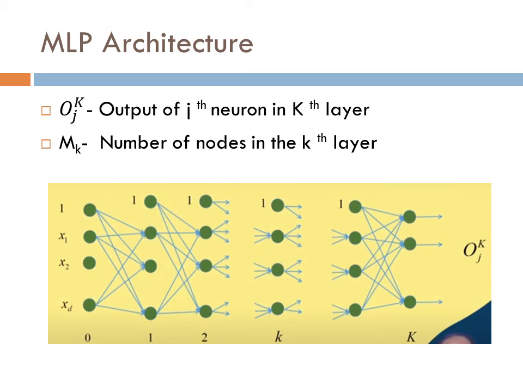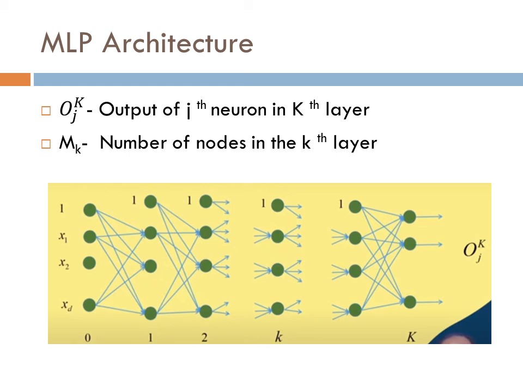Now after discussing the notations, here is another architecture. This diagram I will make use of in the discussion of the derivation of the weight updation rule. Let us consider there are a total of capital K layers.